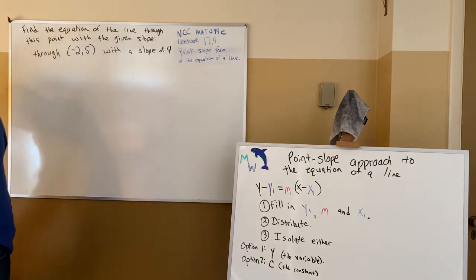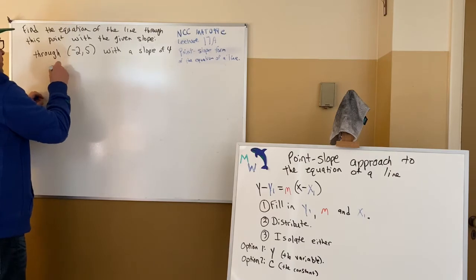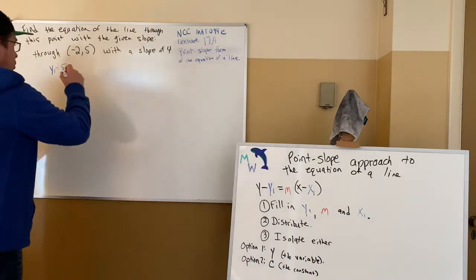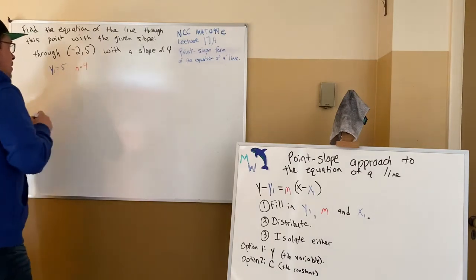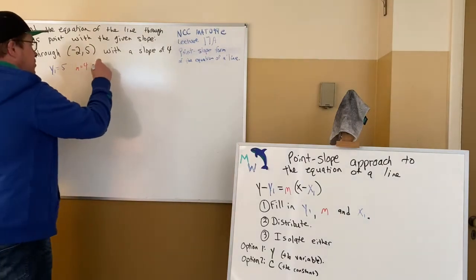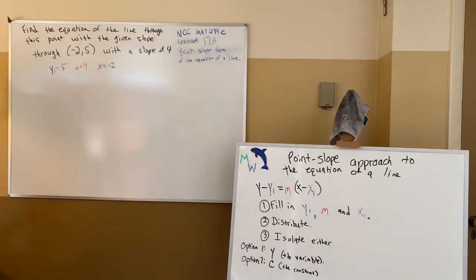So we've got to do their thing, right? We've got to do that same kind of thing. We've got to find the exact y to be 5. We've got to know the slope is 4. And we've got to know the exact x here is negative 2. Now, if you memorize their formula, you're looking at it over there.